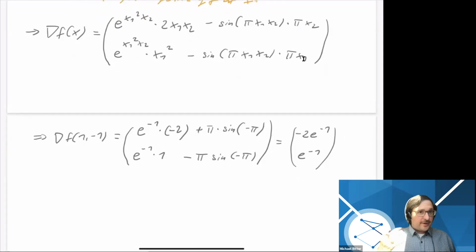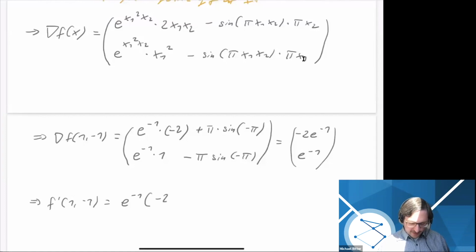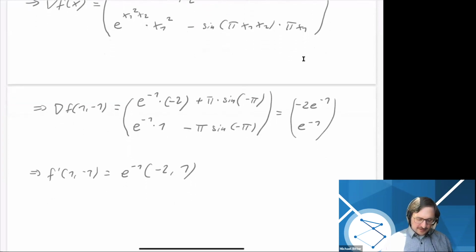Obviously, the functions that we get here are continuous, so the function is differentiable, and that is actually the differential. That means our differential at the point (1, -1) is e to the minus 1 times (minus 2, 1), that vector here. And you remember we also need the function value. So the function evaluated at (1, -1), we need to compute that as well.